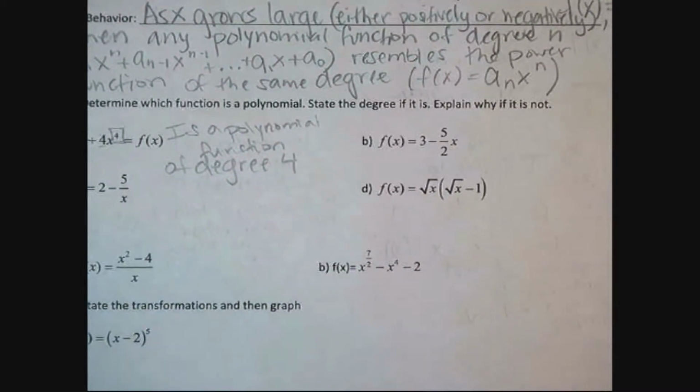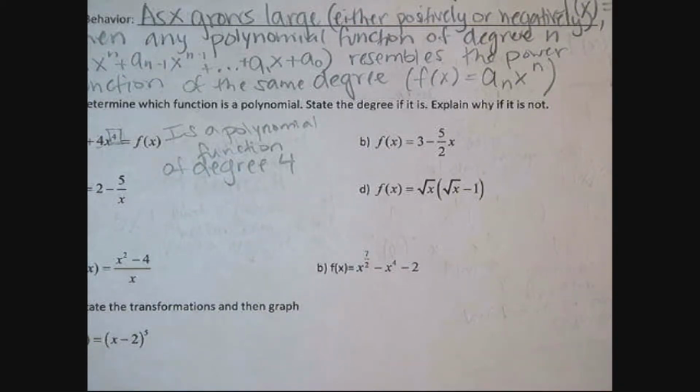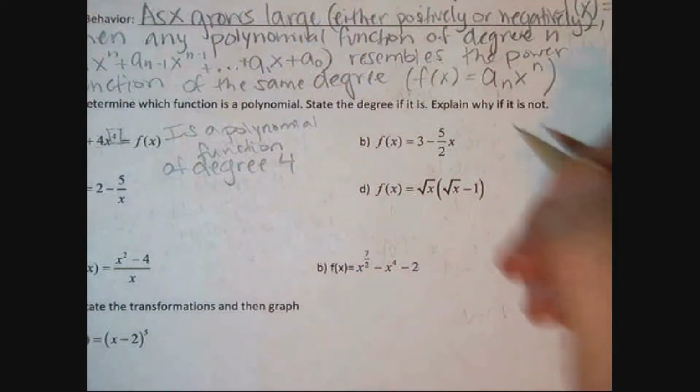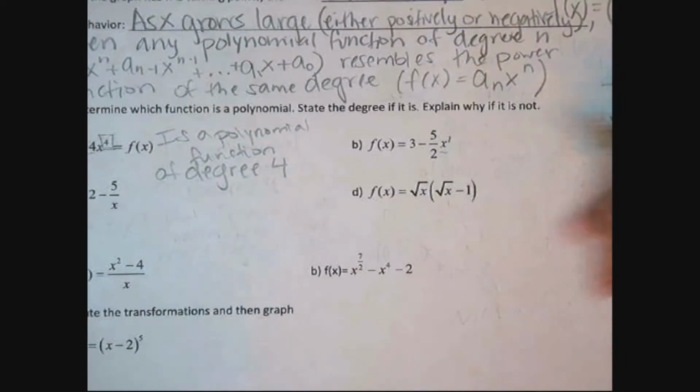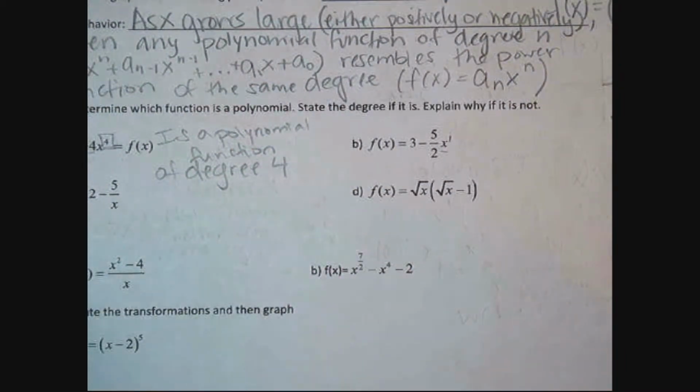Now moving on to B. Let's go through our criteria. We only have one x term in this function, and the exponent for this x term is 1. So 1 is A, non-negative, and B, an integer, a whole number. So we do not have to worry about our exponent.